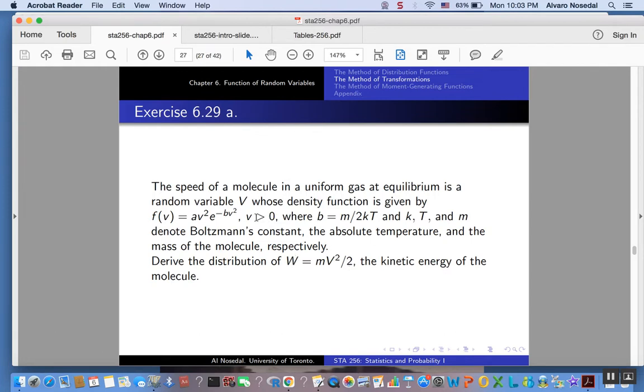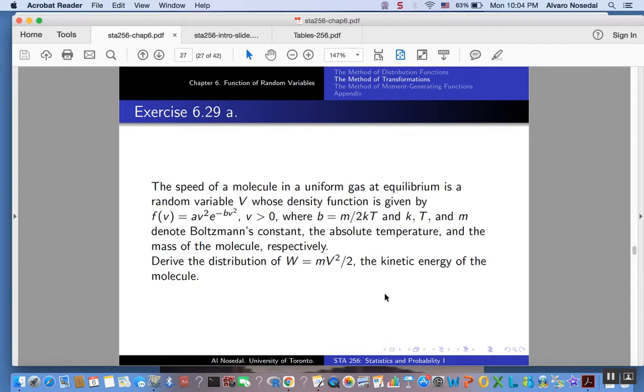So the new random variable will create w's that are positive, and the support of the PDF of the random variable W will be for w's that are greater than 0, and 0 otherwise.